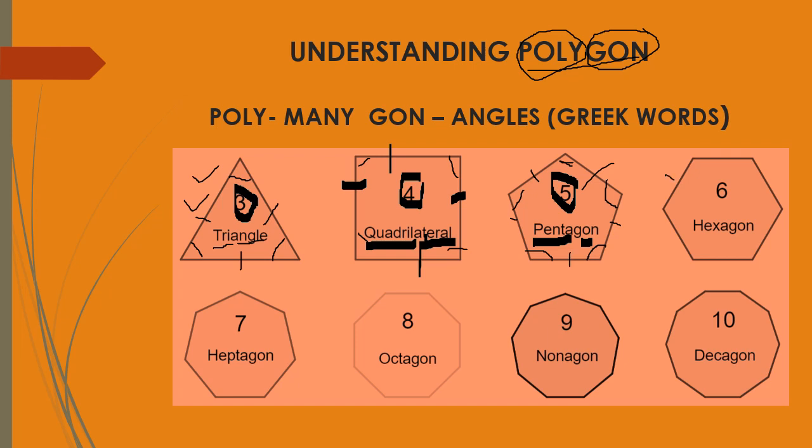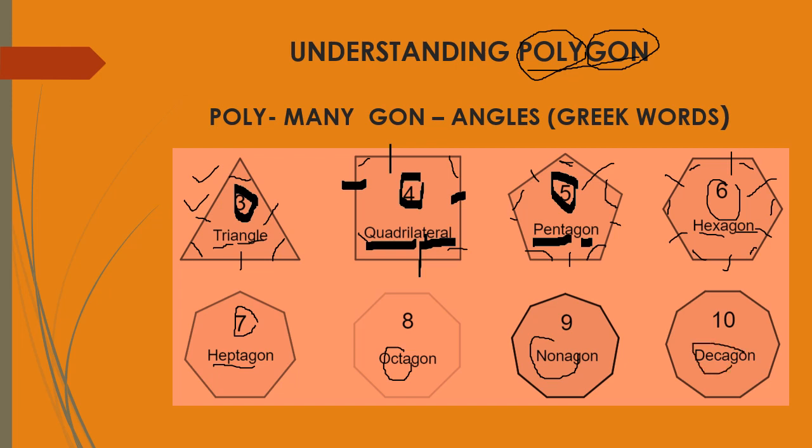In the same way, this is called hexagon. Hexa means 6, gon means angle, 1, 2, 3, 4, 5, 6. Then heptagon 7, octagon 8, nonagon 9 and decagon 10.